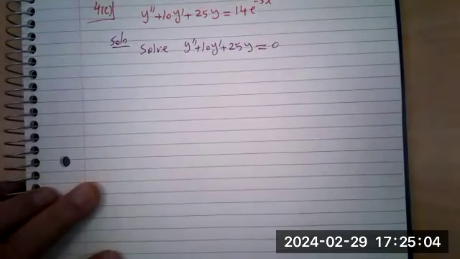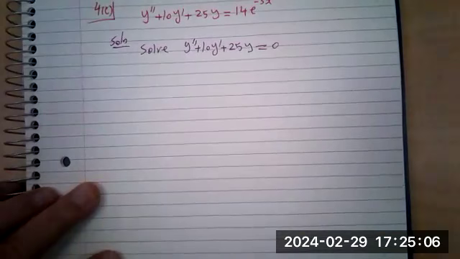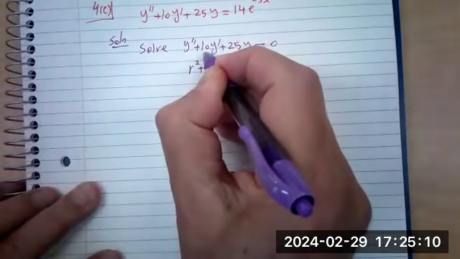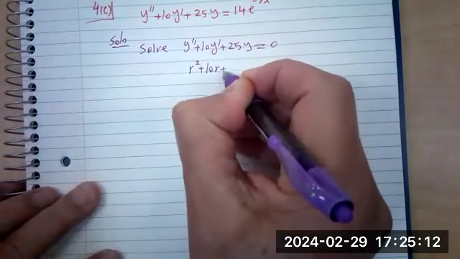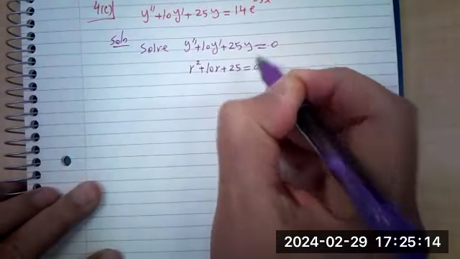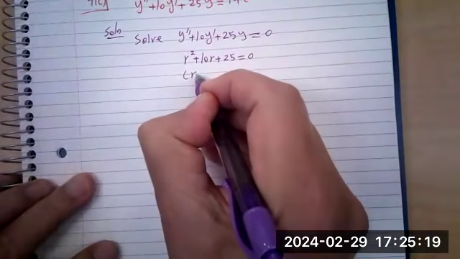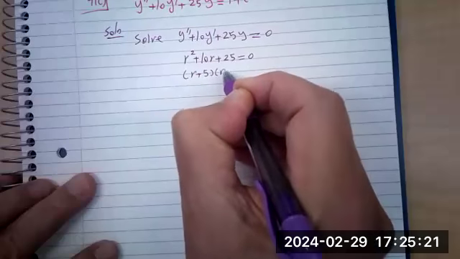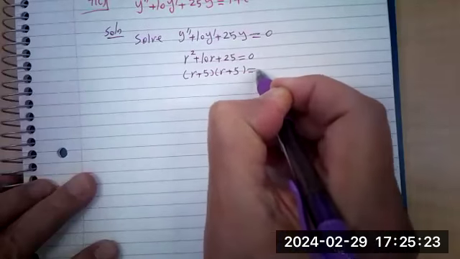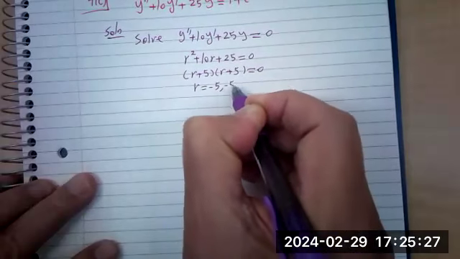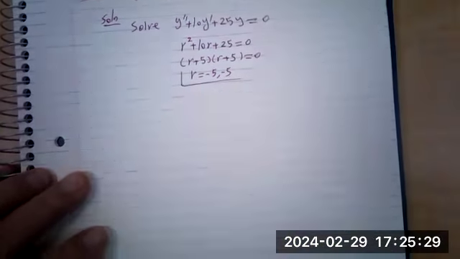What's the characteristic equation for this one? r squared, 10r, 25. Easy to factor: r plus 5 times r plus 5 equal to 0. So you have r equal to -5 and -5. It's a repeated solution.